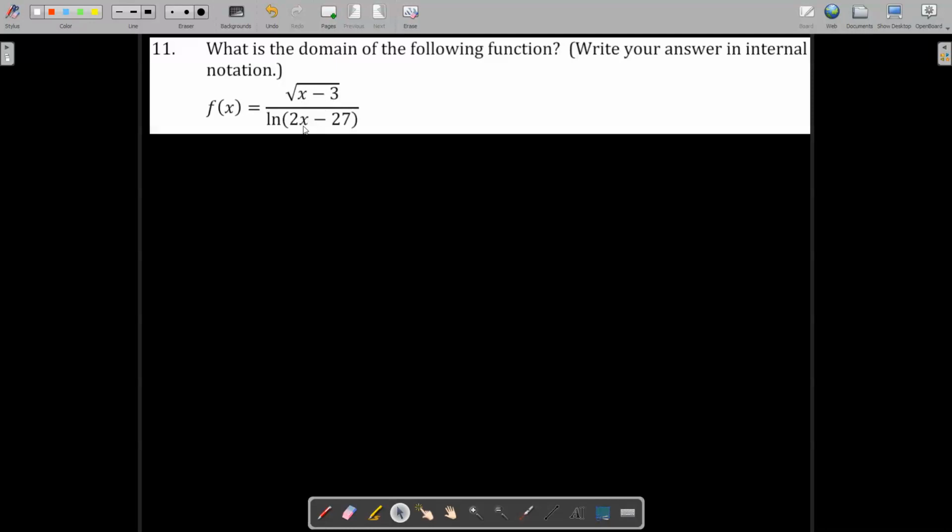Okay. Likewise, on the bottom, the argument of a logarithm has to be positive. It can't even be zero. You can take 0, the square root of 0 is 0, that's fine. But down here, you can't even have a 0. It can't be negative and it can't be 0 because the argument is some number to some power equals the argument.